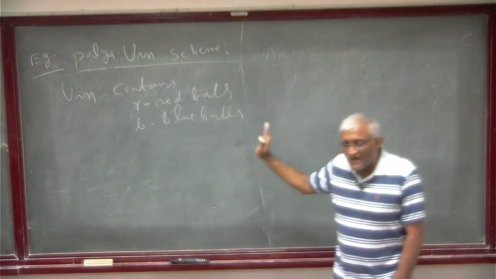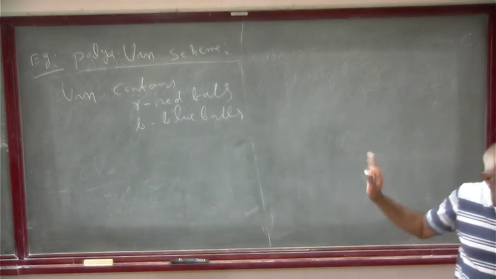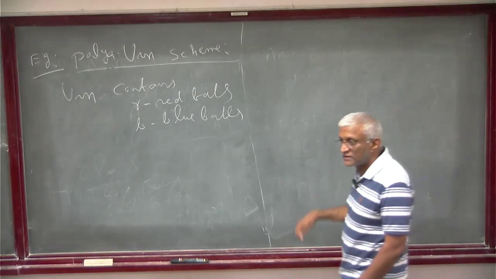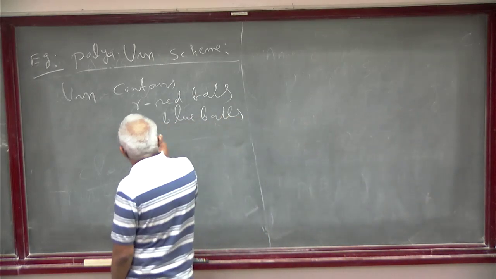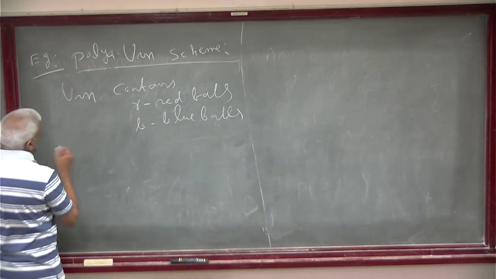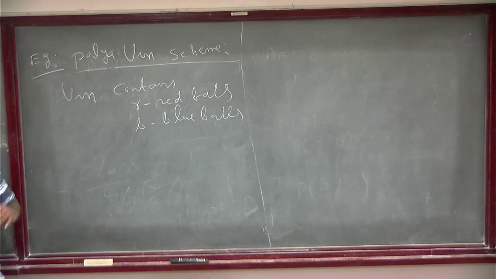They are all identical, so the probability will be 1 by something. There are R red balls and B blue balls. One ball is selected. If it is red, you add some C number of red balls into it. If the selected ball is blue, you add C number of blue balls.